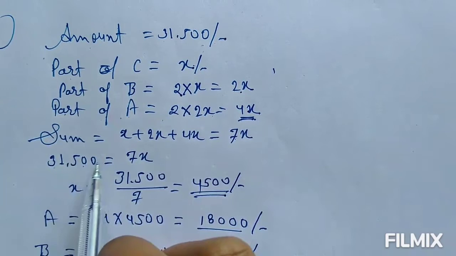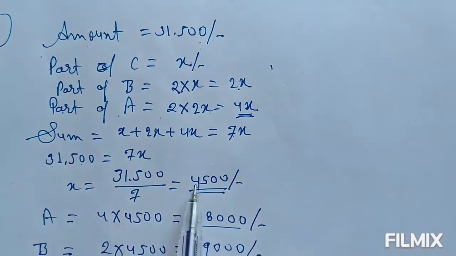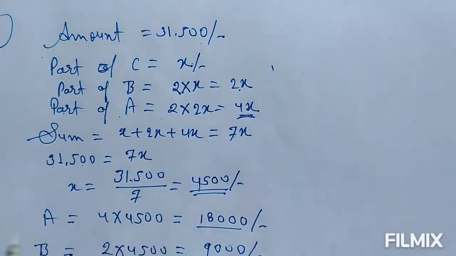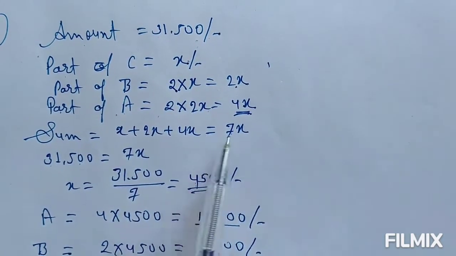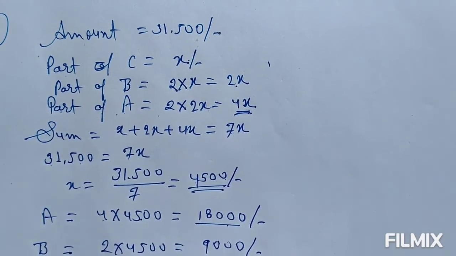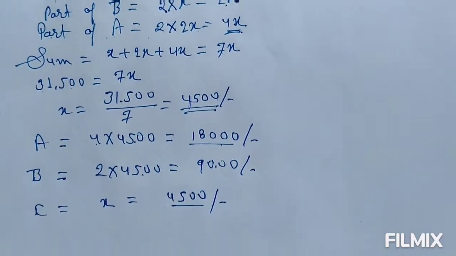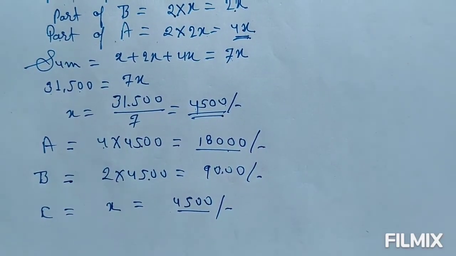It means 31,500 will be equal to 7x. Value of x will be 4,500. Now A gets 4x, means 4 into x, 18,000. B gets 2x, 2 into x, 9,000. C gets x, means 4,500. This is the solution of question number 9.